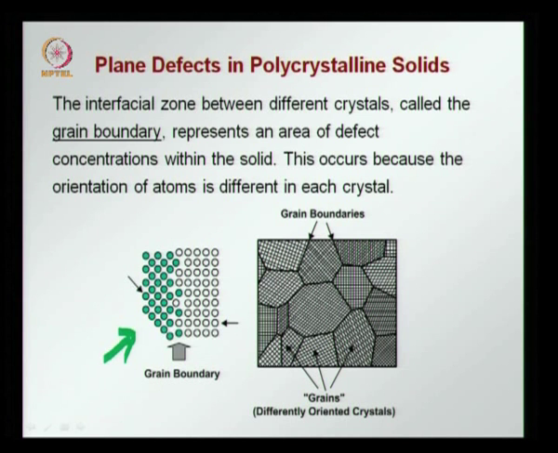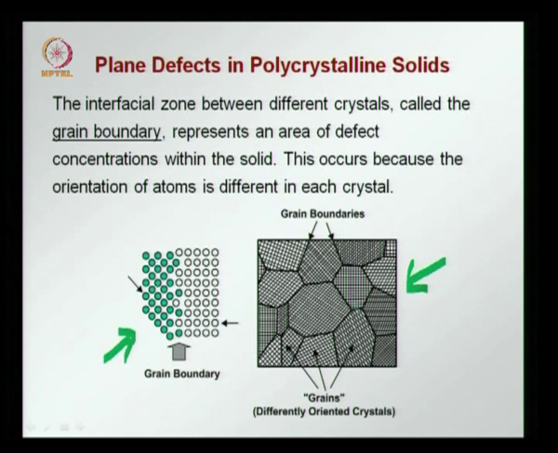When you see this diagram, you can imagine how each of these crystals or grains has a different orientation of atoms than its neighbor. Since each of these has crystal planes in different directions, when the grains meet, there is a mismatch and there is no continuity.